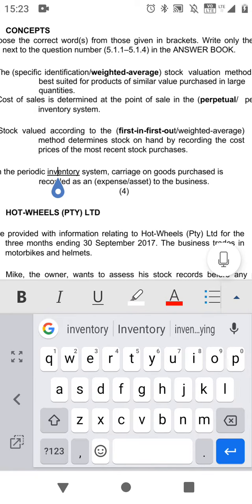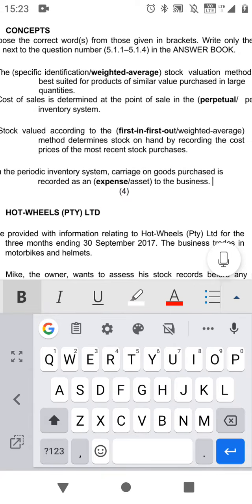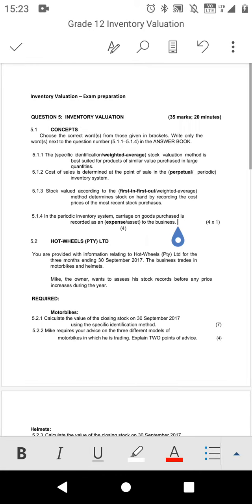But if we are using a perpetual inventory system, the answer will be an asset. In this case we are using the periodic, so the carriage is recorded as an expense. Please take note of that in case they change the question.